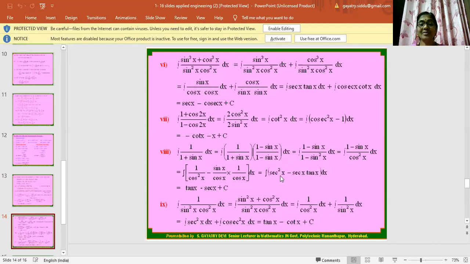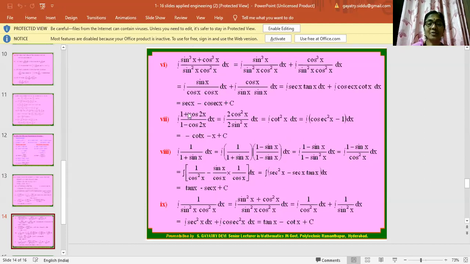So the integration of each one is a direct formula. Integral of secant square is tan x. Integral of secant x into tan x is secant x. So you are taking help of rationalization to get a function in the numerator and to make the two terms of the denominator a single term, which is easy for splitting the numerator. And again, you are getting comfortable formulas. Each and every problem is a different one.